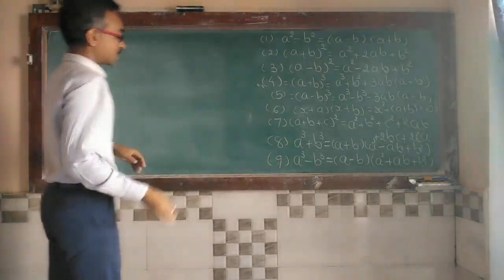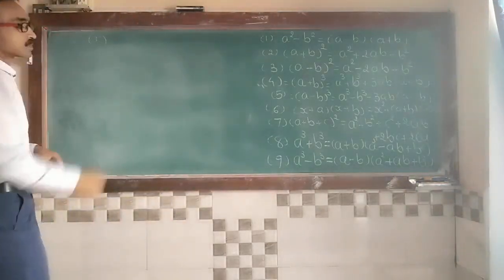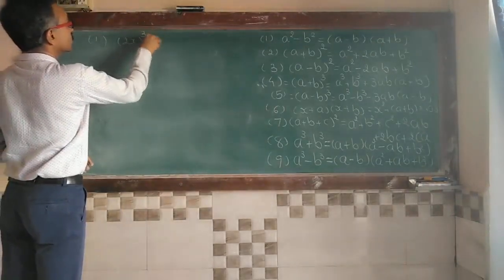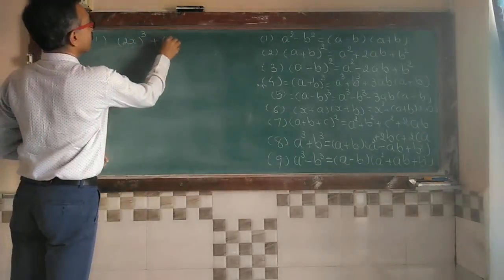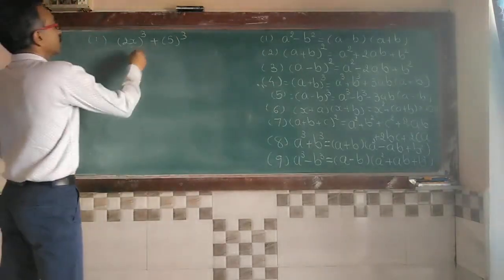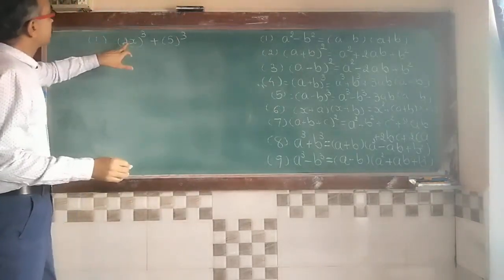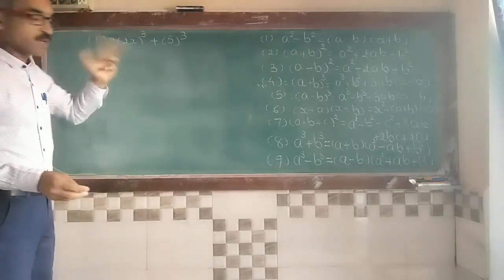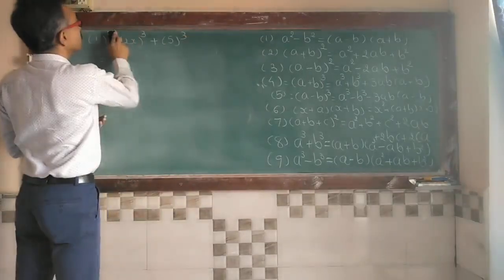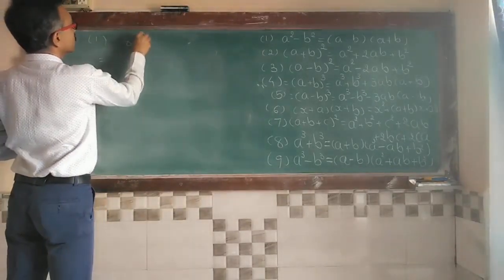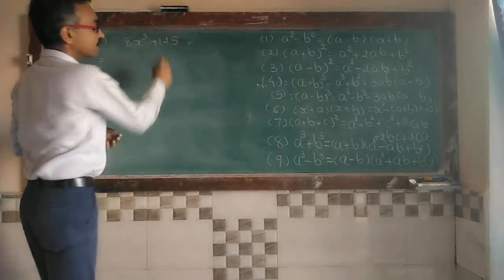Suppose you are given (2x)^3 + 5^3, or you can write 8x^3 + 125.